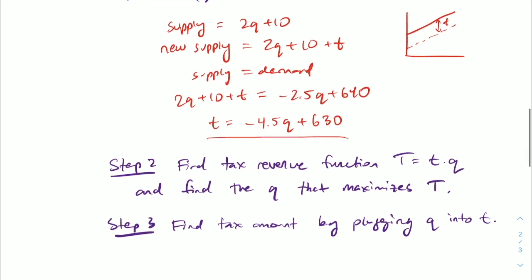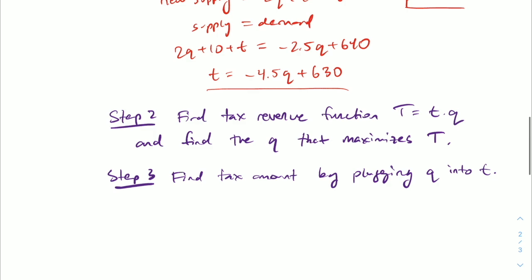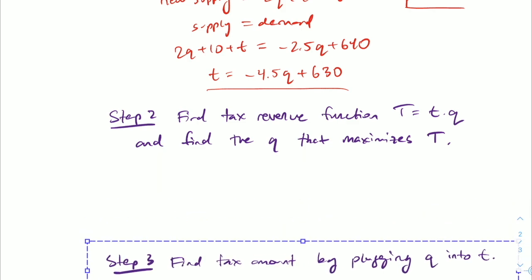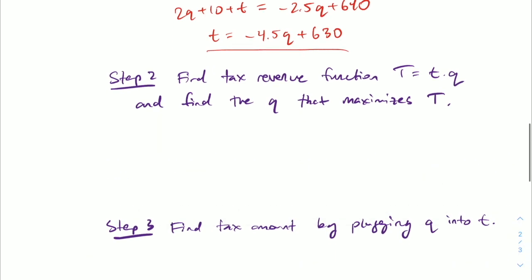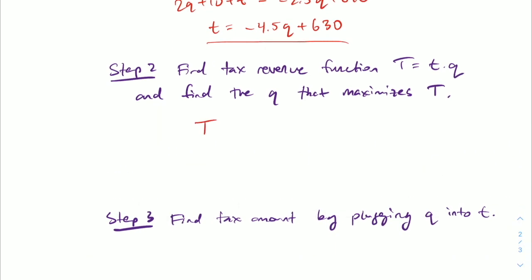Now we want to find the tax revenue function. So we want to take our tax and multiply it by Q to figure out how much money we make. All right, so big T is little t times Q, or negative 4.5Q plus 630 times Q. So negative 4.5Q squared plus 630Q.